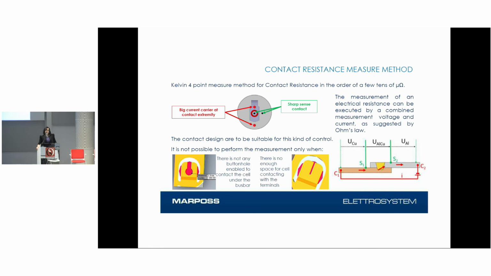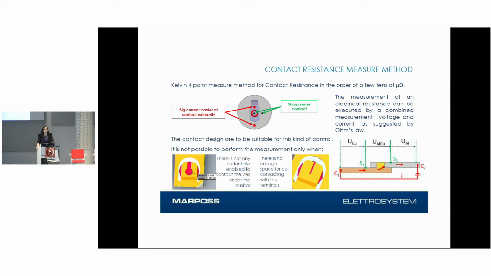The contact resistance measure is done with the classical traditional method. It's called the Kelvin method, with 4 points contact on the components that we want to measure. This scheme here shows the 2 contacts that lead the current into the component, and after that we have 2 other sensing contacts for measuring the voltage difference in the component.